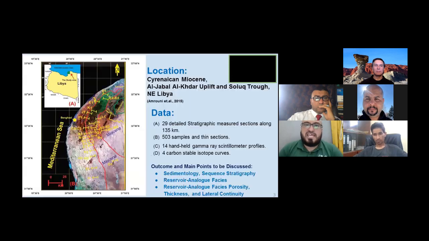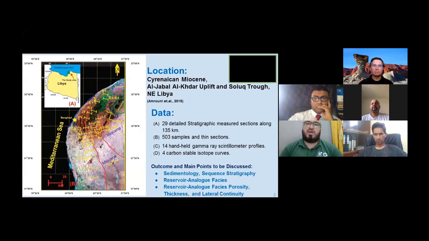The data, or the kind of data we have used to do this work: 29 detailed stratigraphic sections, 500 samples and thin sections, 14 handheld gamma ray, and 4 carbon isotope data.